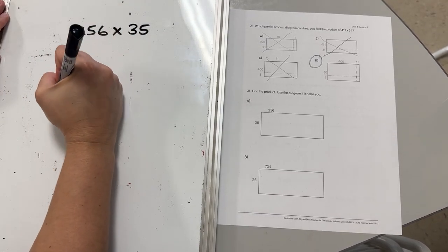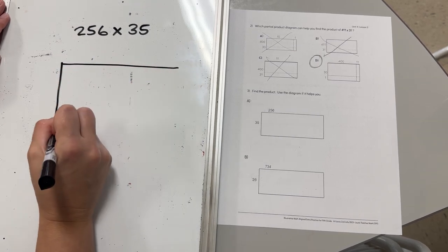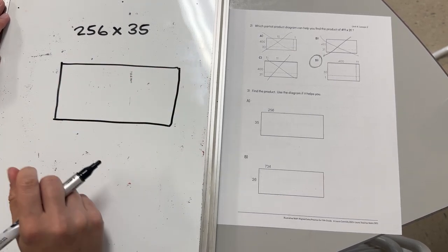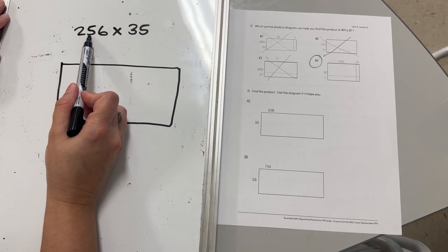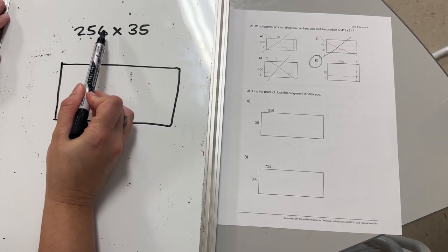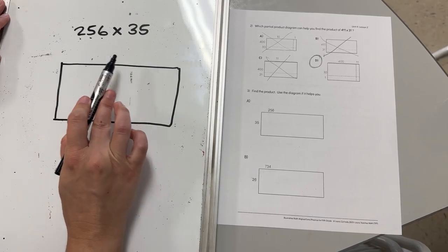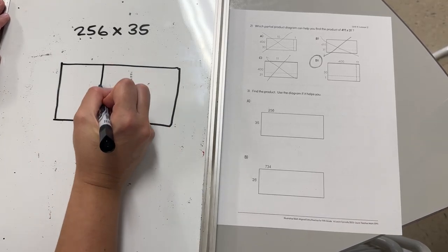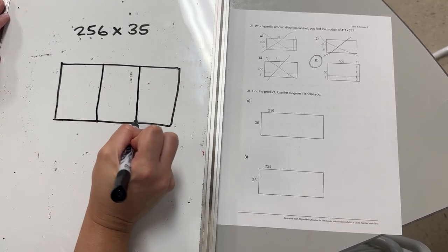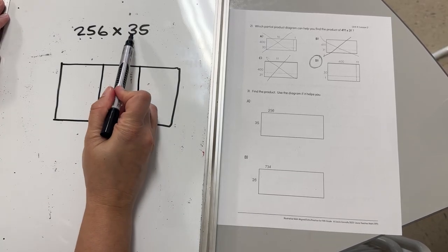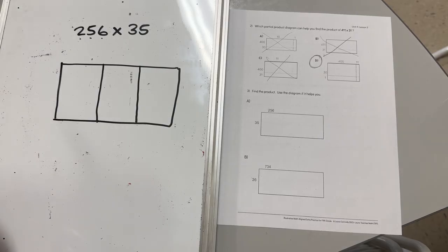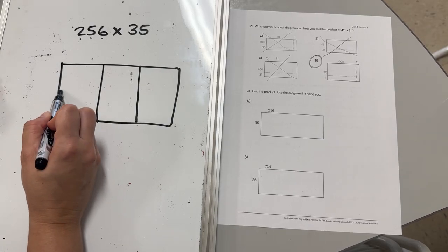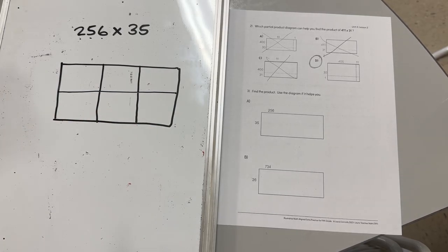In order to make this into an area model, I need to look at how many digits I have in my number. In my first number, I have 1, 2, 3 digits, which means across the top, I need 3 spaces. In my second number, I have 2 digits, which means across the side, I need 2 spaces.